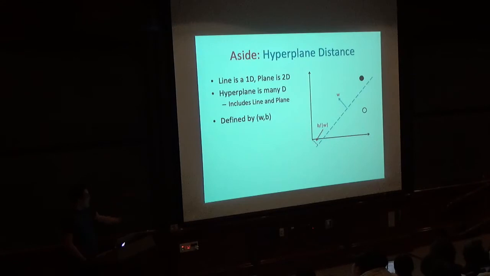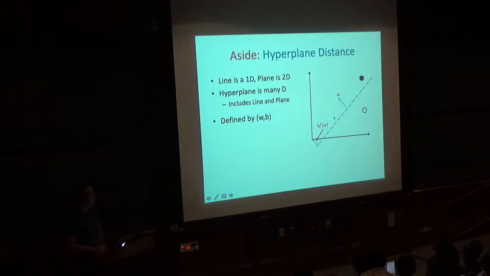It's defined by w and a b. Here, w is the unnormalized normal to the hyperplane, and b is the offset from the origin. So if b was 0, this hyperplane would cross the origin.